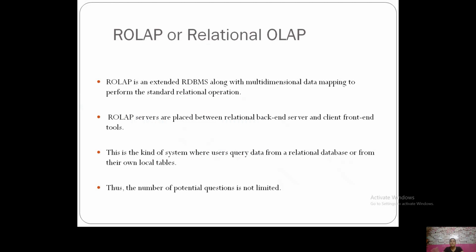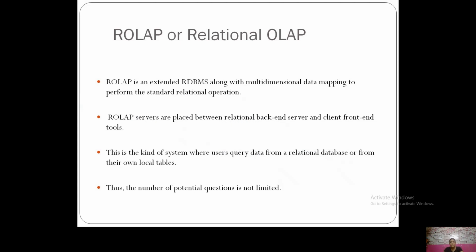ROLAP or relational OLAP. ROLAP is an extended RDBMS along with multi-dimensional data mapping to perform the standard relational operation. ROLAP is mainly known for its scalability. We can store more data in a ROLAP system.